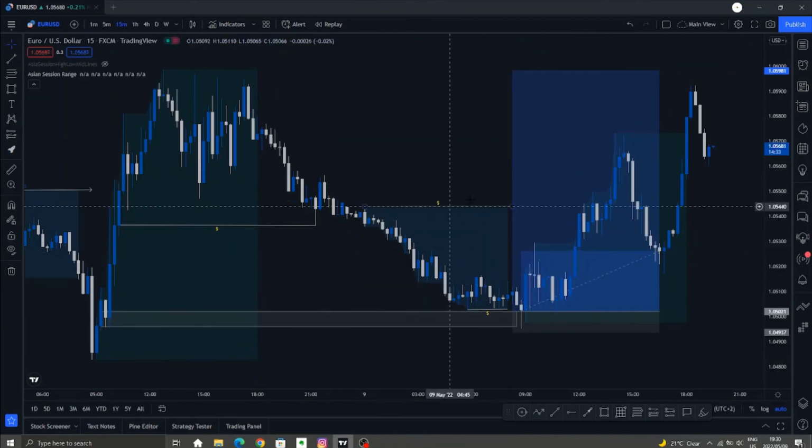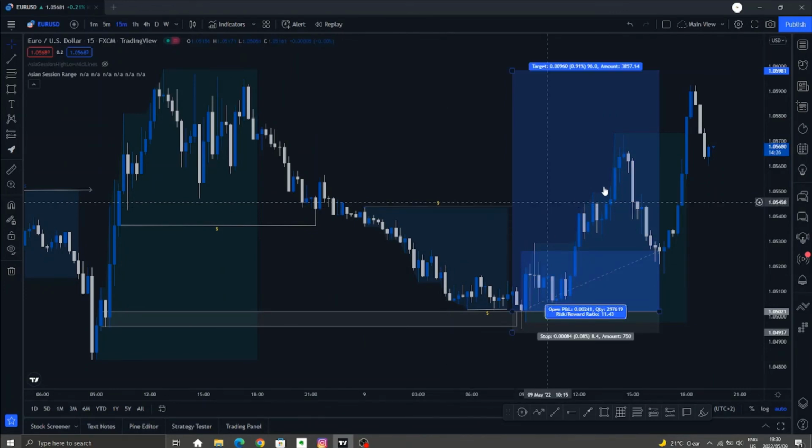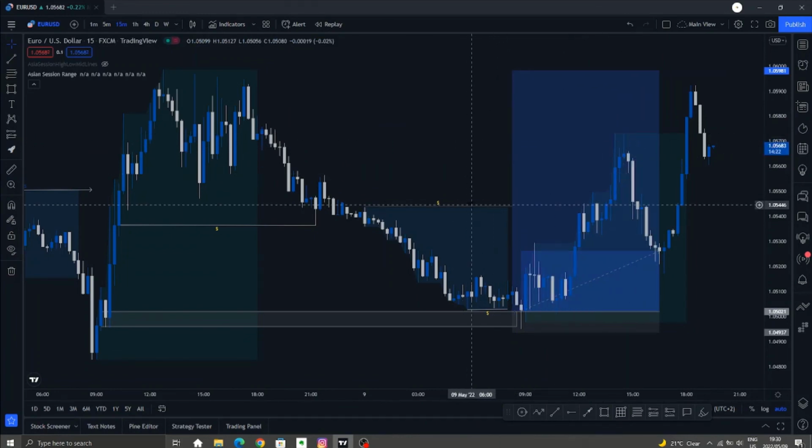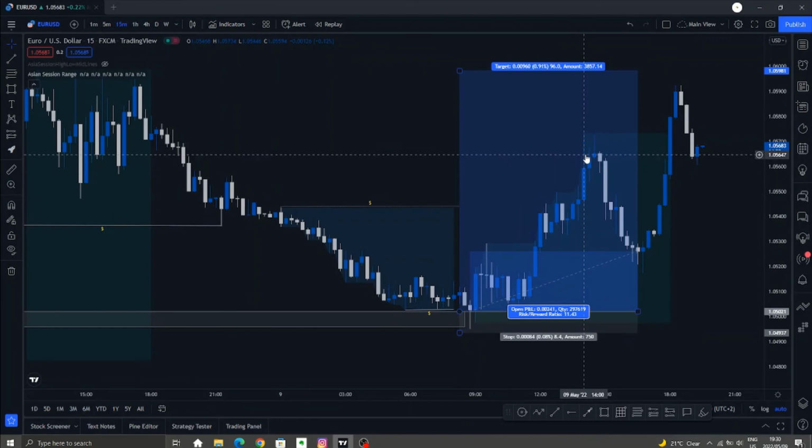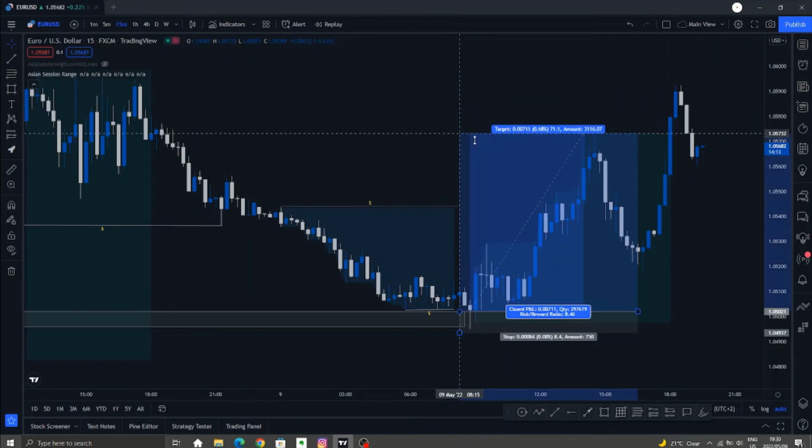All right, so as soon as we took this Asian high, I was happy with closing my trade, because you'll see here that after London took that Asian high, we came into the New York session around here. This is where I closed my trade, right at the close of this particular candle.